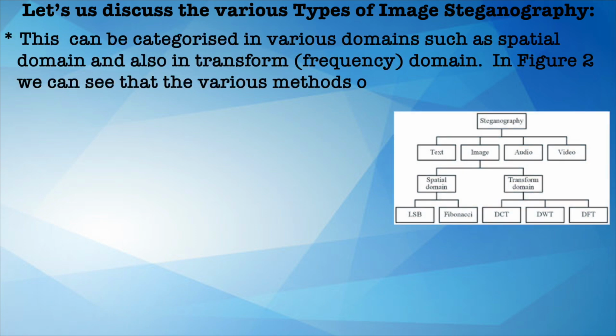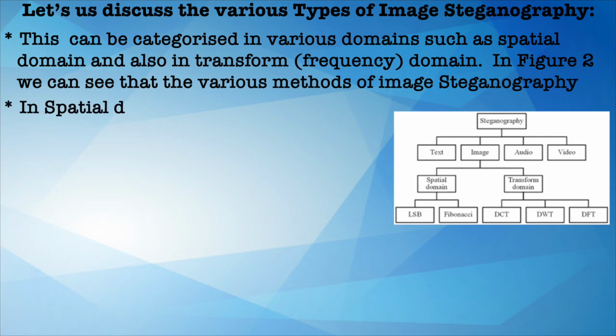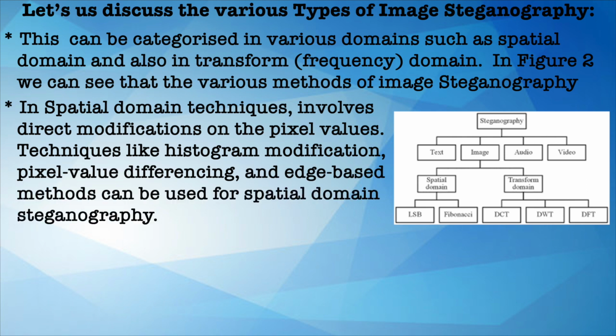Let us discuss the various types of image steganography methods. These can be categorized into various domains such as the spatial domain and the transform or frequency domain. In figure 2, we can see the various methods of image steganography. Here we can see first the spatial domain techniques. These techniques involve direct modification of the pixel values.